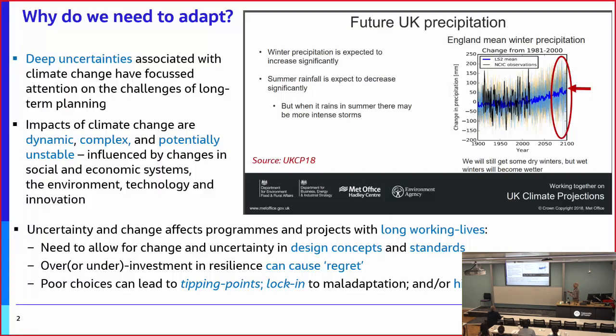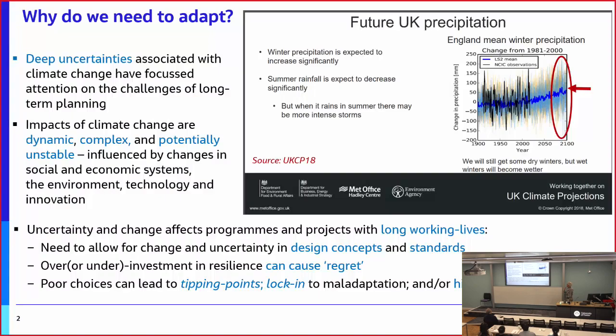So you can see the general trend, the projected trend of precipitation is not only will there be, yeah, not only will generally there be enhanced precipitation in the future, but the variability around precipitation will increase. So climate change projections are associated with deep uncertainties.